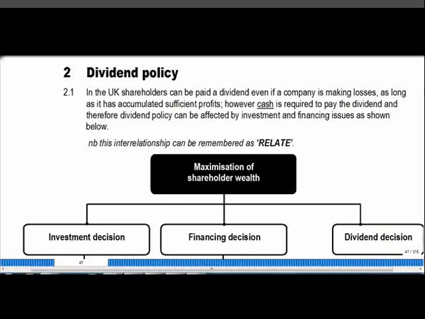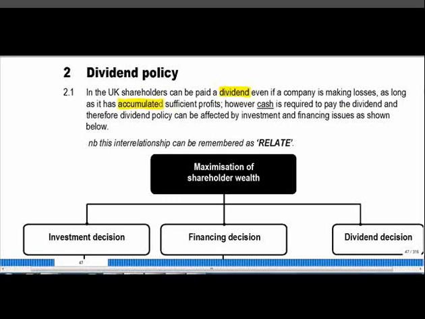Dividend policy is an important area. In the UK, it's legal to pay a dividend if the directors think it's a good idea, as long as the company has accumulated profits. So it's got some retained earnings that it can use to pay the dividend.